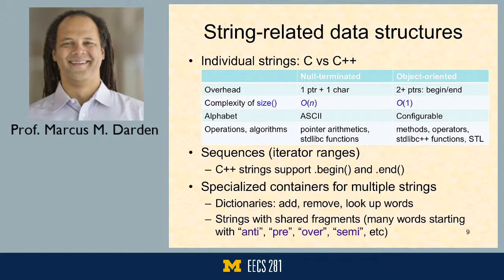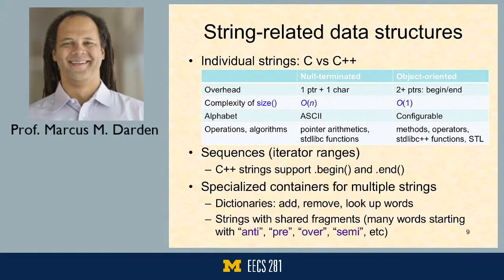In C style, of course, our ASCII characters are built in. So I've got a limited alphabet. In C++, these templated strings allow us to use many alphabets, so it's configurable. That's pretty nice. Most of our operations and algorithms in C style are just pointer arithmetic.